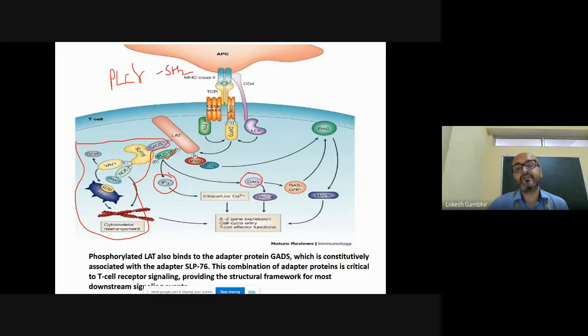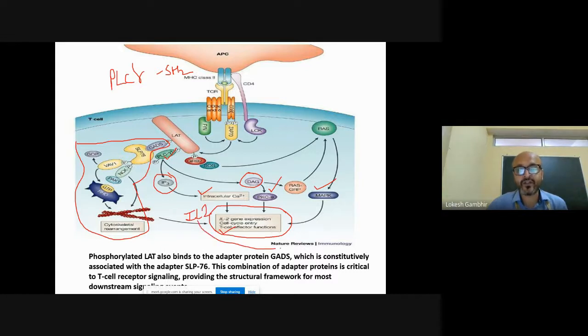This IP3 will be responsible for increasing the intracellular calcium concentration, whereas diacylglycerol will be responsible for activating protein kinase C and the other MAP kinases. And collectively, they will lead to the effector function of the immune cell. They will increase the T cell proliferation. They will increase the T cell effector function, and they will increase the synthesis of IL-2 cytokine.